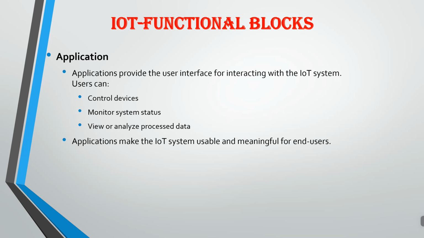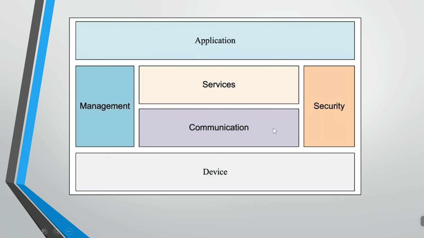That's the main purpose of the application: to get meaningful and useful information to the end users, so that they can later depend upon the IoT system to improve their activities. So these are the application software.